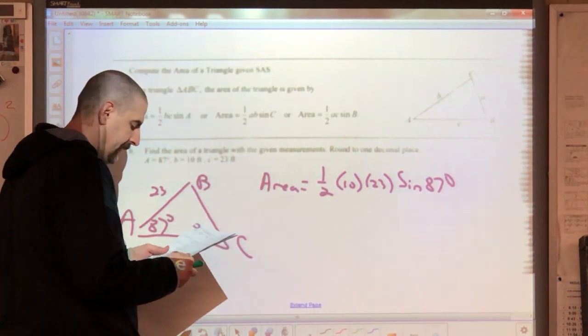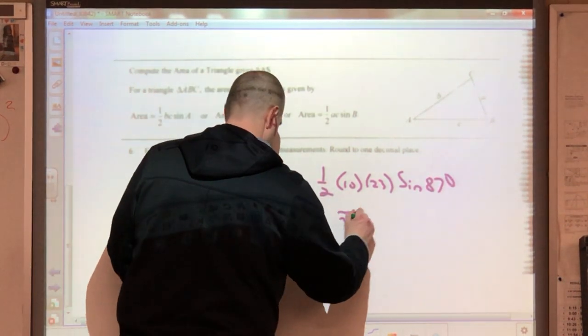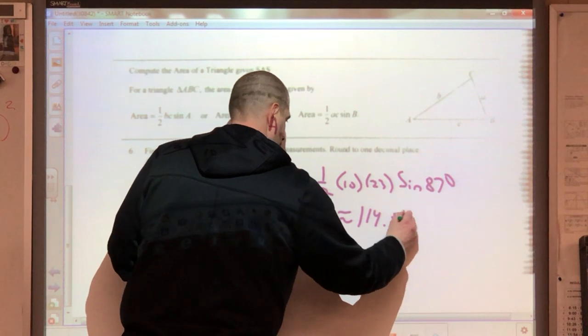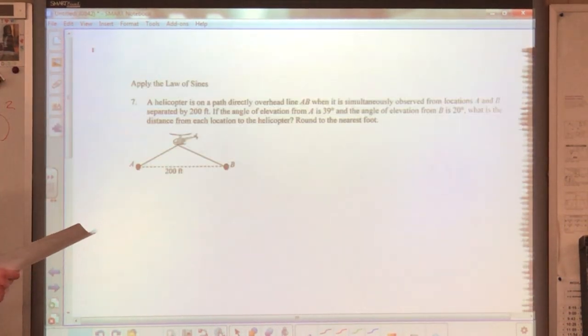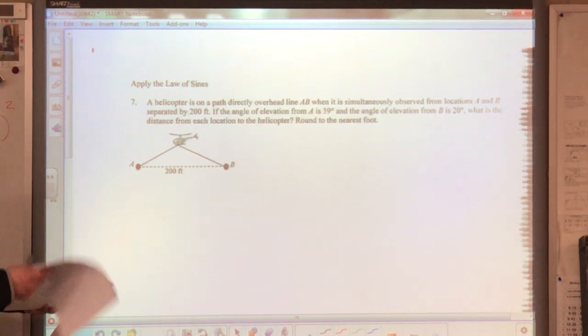Type that in a calculator, and you'll get approximately 114.8 feet.